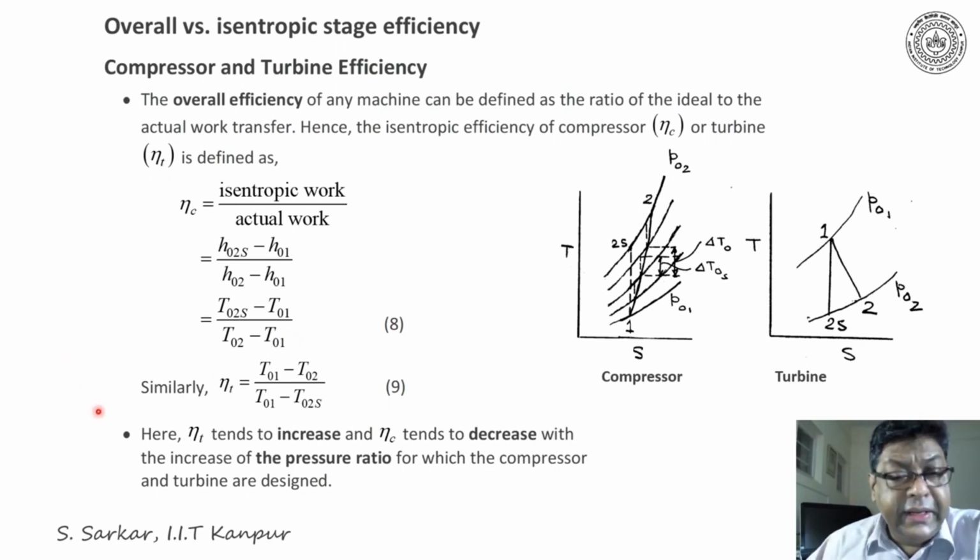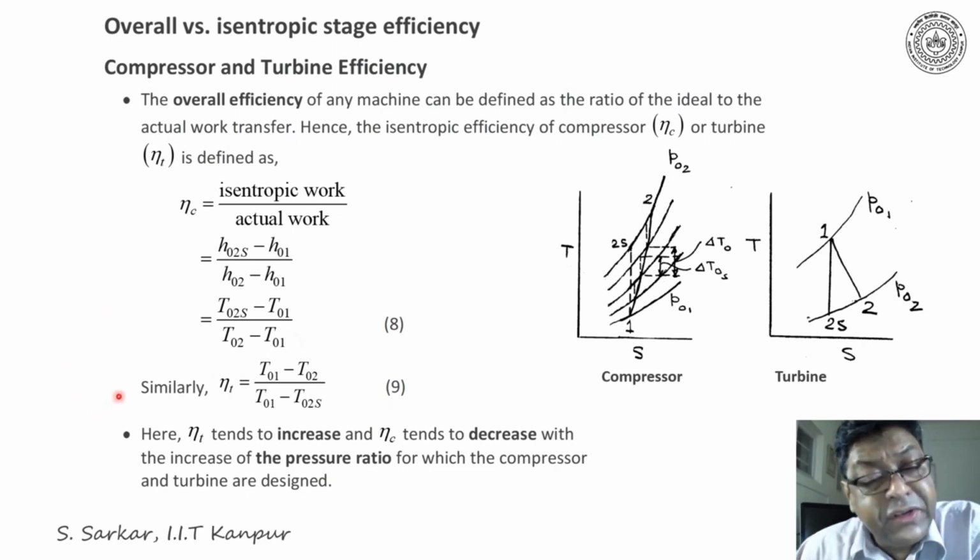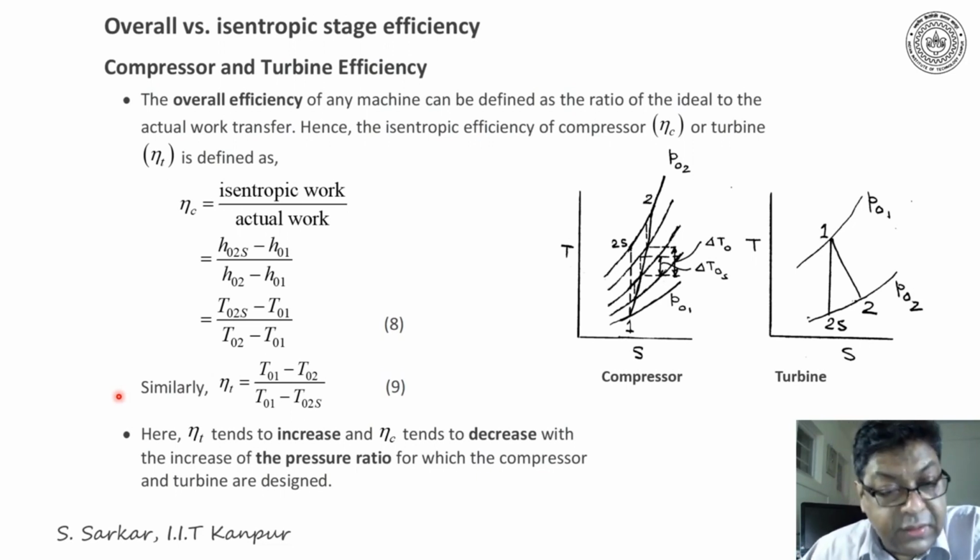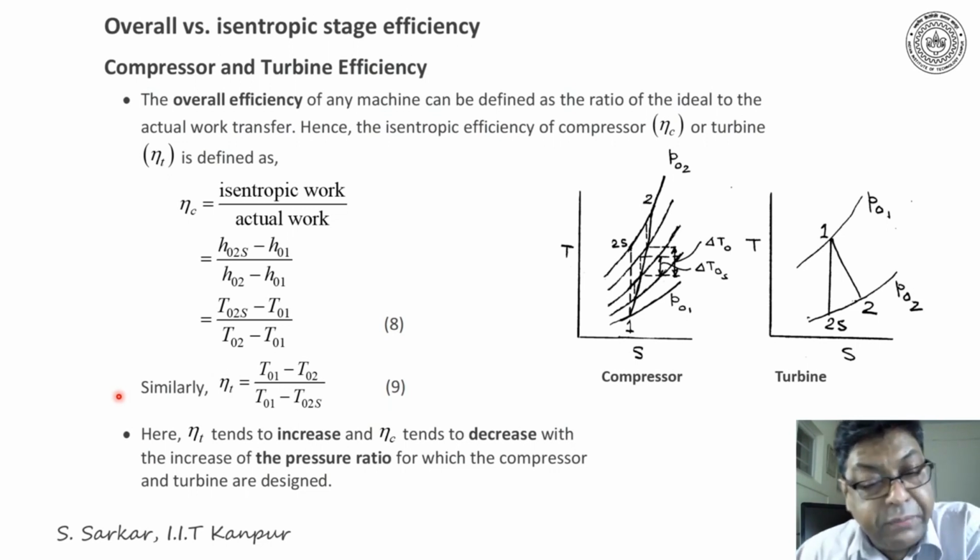Similarly, eta T can be expressed as actual work divided by isentropic work. So, as a ratio of actual enthalpy drop to the isentropic enthalpy drop, and that can also be expressed in terms of temperature ratio. Thus, eta T is equal to T01 minus T02 divided by T01 minus T02s.